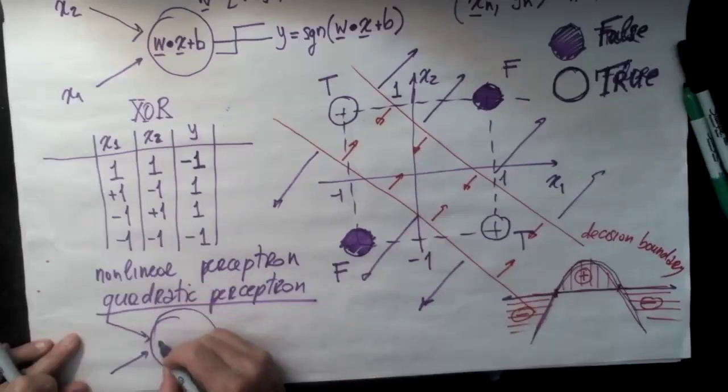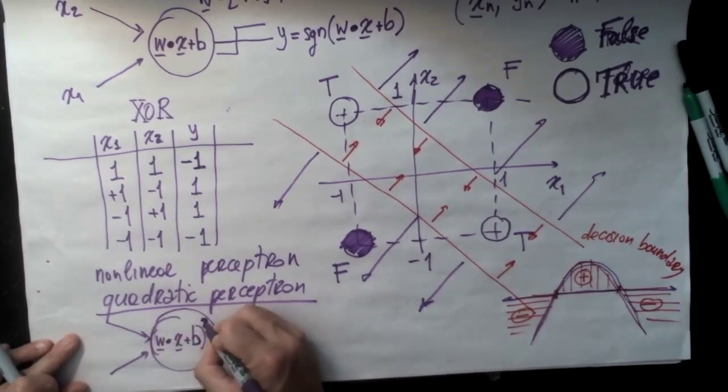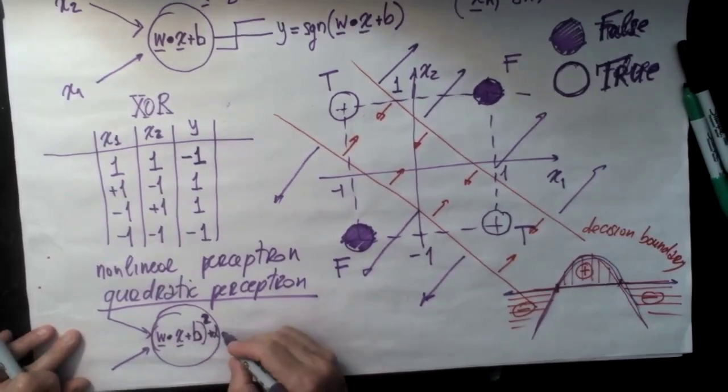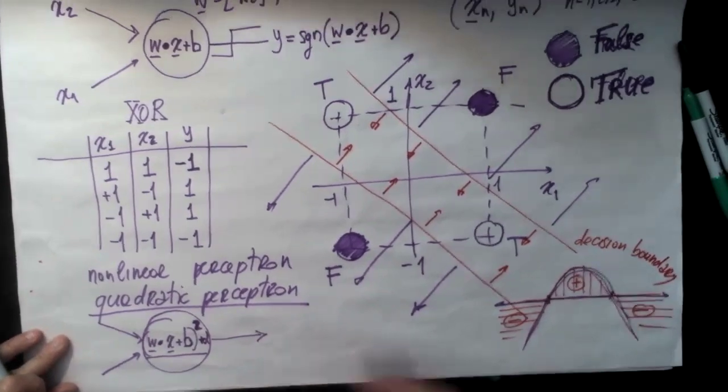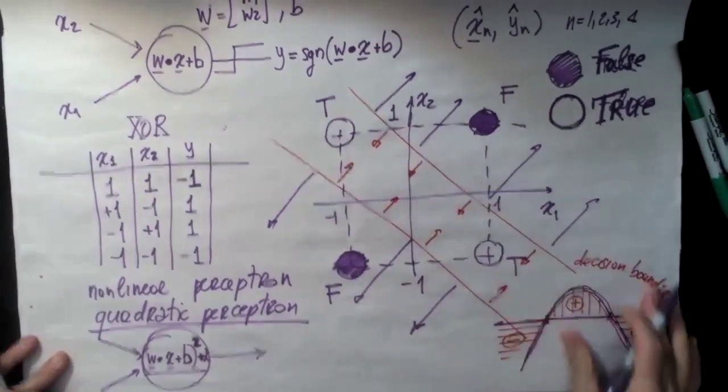(w dot x plus b) squared plus alpha. So we will need a quadratic perceptron that will be able to give us this kind of decision boundaries.